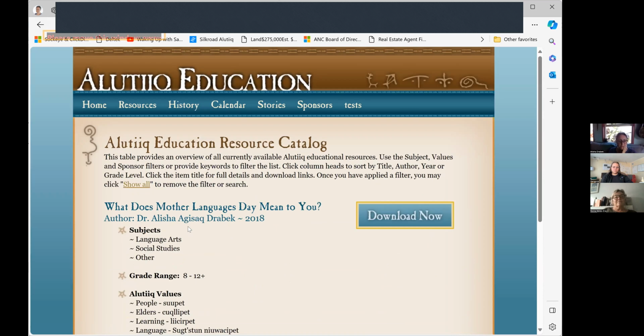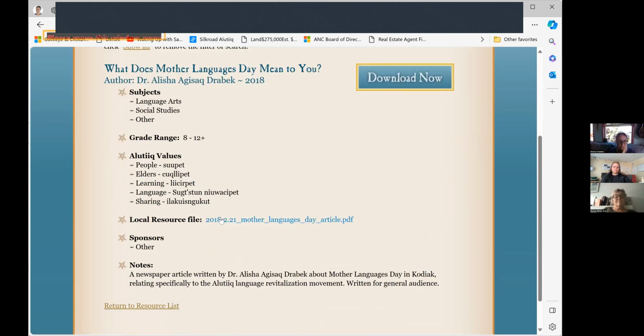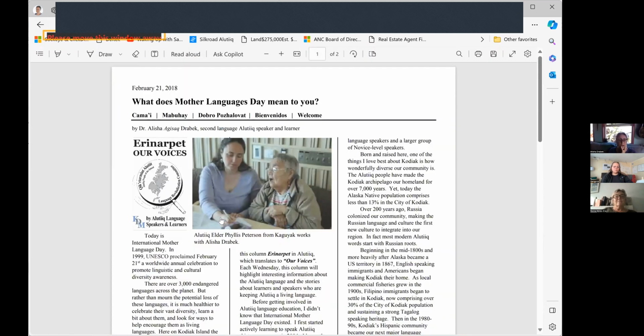Look, it's interesting. I don't know if I put this in or Candace did. We did about a year or so of articles in the Kodiak Daily Mirror. We created a logo for the Alutiiq language speakers and learners and called it Quyanaa, But Our Voices.